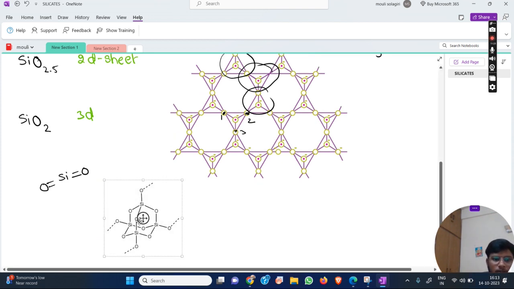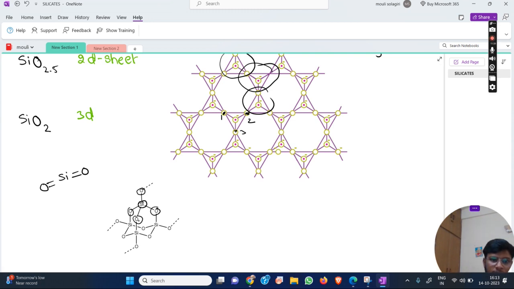So here we can see the silicon is attached to oxygen, oxygen, oxygen, and this oxygen is directly attached to some other silicon. This oxygen is attached to some other, and this silicon is attached to some other, and this one will also attach to some other silicate. So when it's a 3D structure, it will be like this.